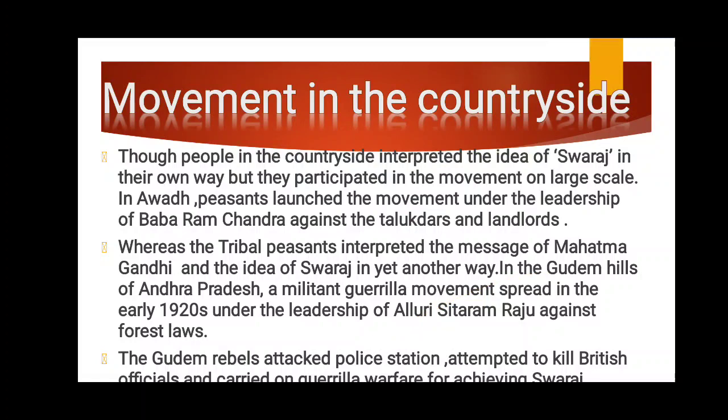In the Gudem hills of Andhra Pradesh, a militant guerrilla movement spread in the early 1920s under the leadership of Alluri Sitaram Raju against forest laws. The Gudem rebels attacked police stations, attempted to kill British officials and carried on guerrilla warfare for achieving Swaraj.